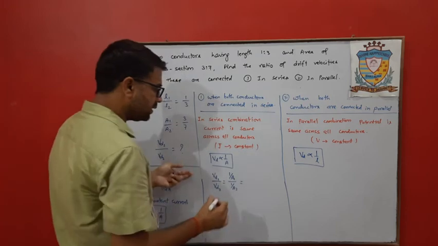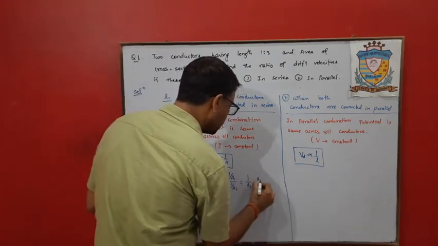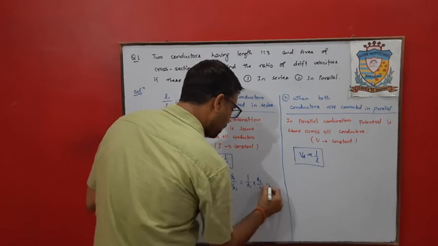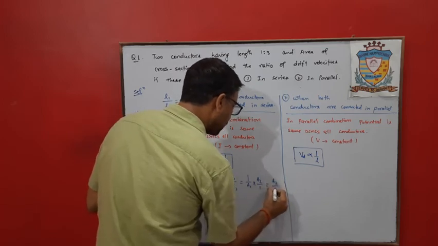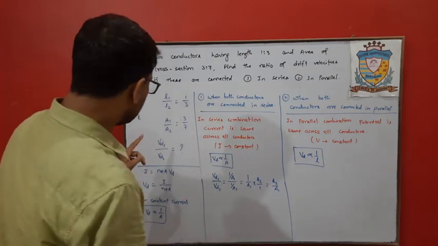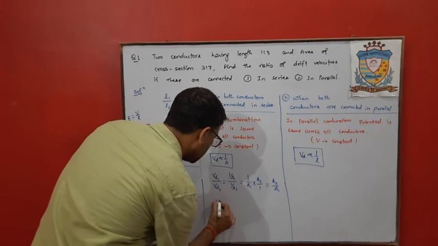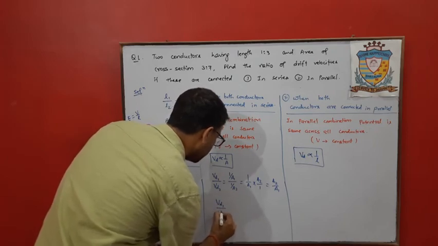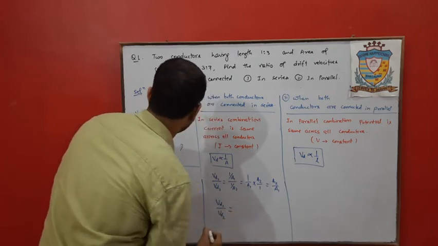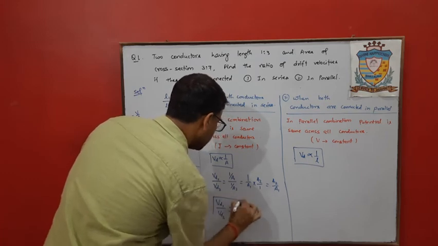This can be written as 1 by A1 into A2 by 1, or A2 upon A1. So Vd1 upon Vd2 is equal to 7 by 3.